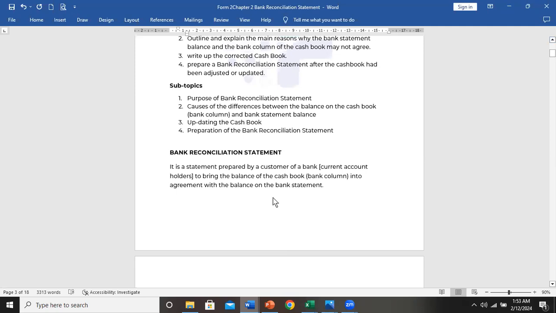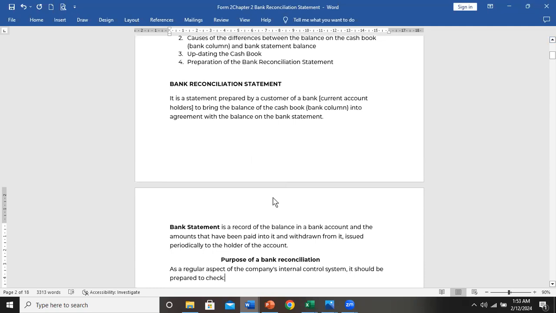But of course, it's important that we define a bank statement. And like we all saw last week, a bank statement is a record prepared by a bank and sent to the account holder, giving him or her information about all his deposits and all his withdrawals for the period and the balance on the account.